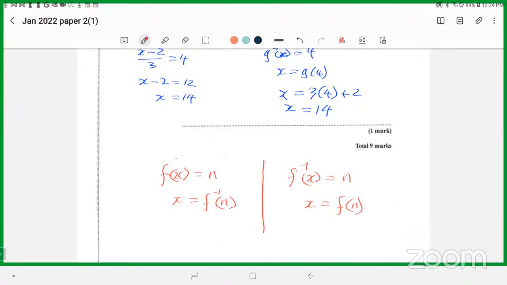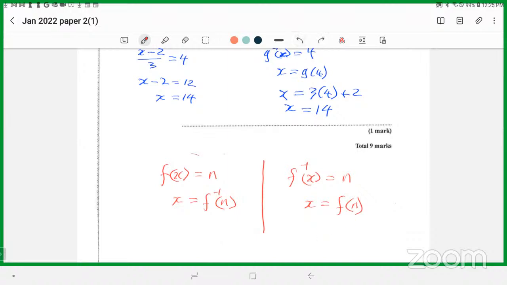Because remember, this one is saying x is mapped onto n using f. And so f to the minus 1 will reverse the mapping, it will map the n back onto the x. That's what the inverse does. Over here, this one is saying x is mapped onto n using f to the minus 1. And so f will map the n back onto x.